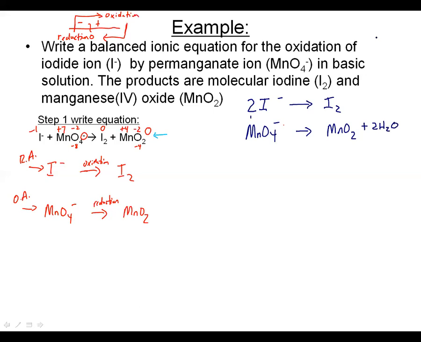Remember that for every water that we add to one side, we have to add 2 H pluses to the other, and that will give us 4 H pluses on the left-hand side. Again, if you don't do that, then you will be unbalanced in terms of the hydrogen. So for every water that you add, 2 H pluses need to go to the other side. Any questions up to that point?